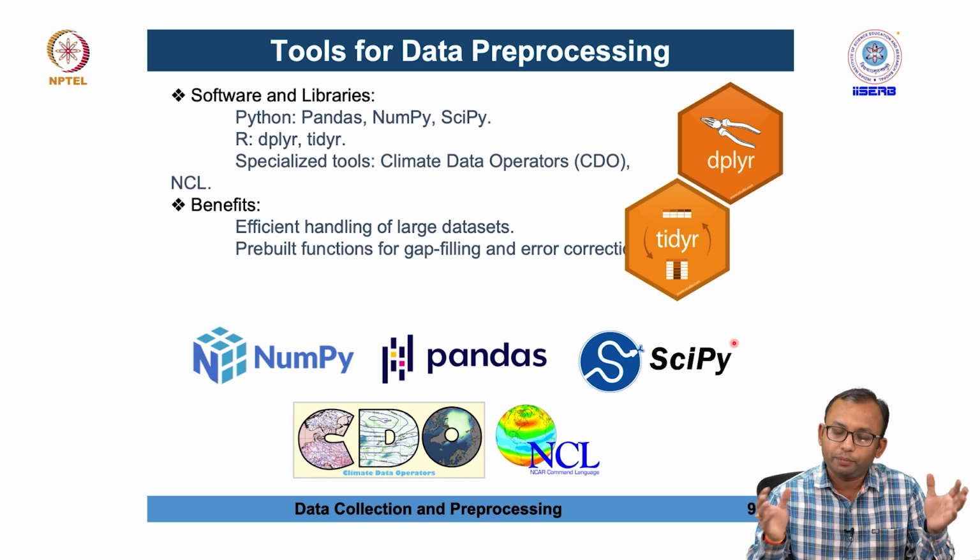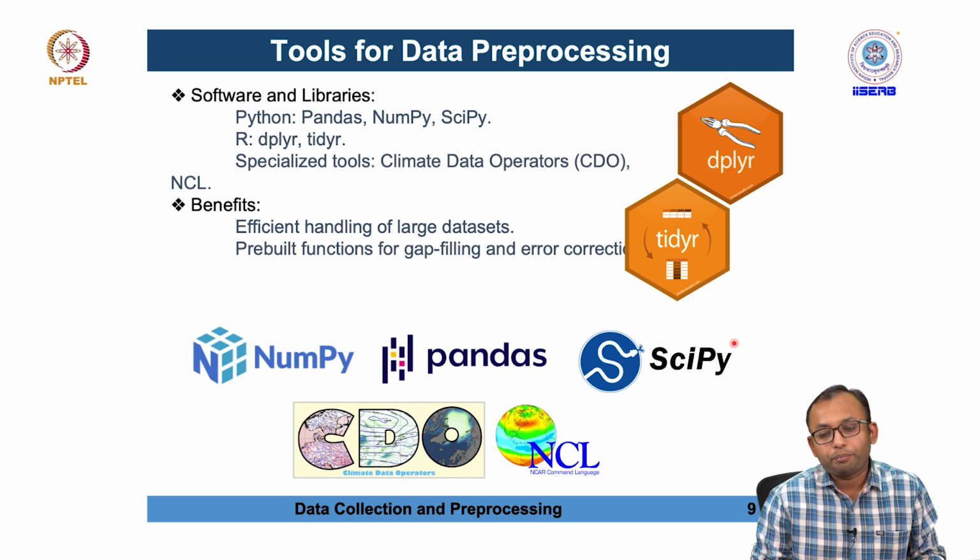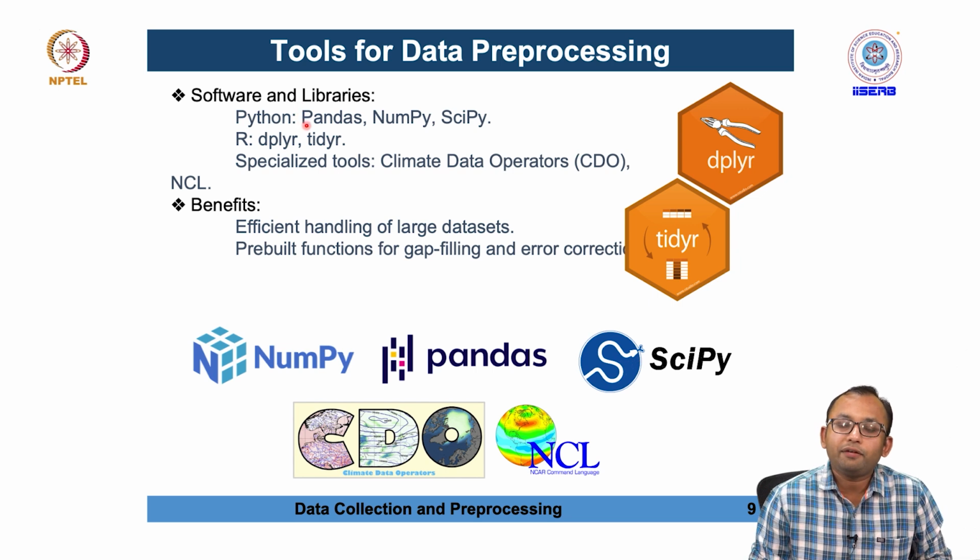So the question is, all these analyses like gap filling, outlier detection, or let us say seasonal biases or temporal biases, how can we apply these techniques, where can we use them? The best tools I have written here: we can use Python programming, which has several different libraries, for example pandas, numpy, scipy, which can deal with the data analysis part.